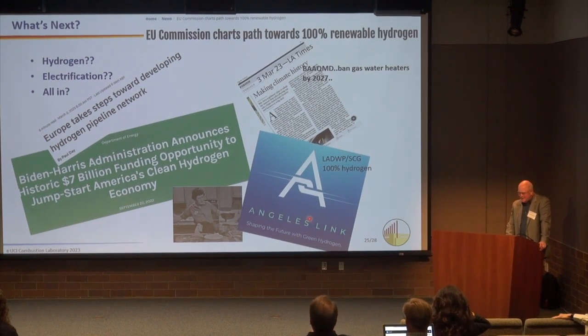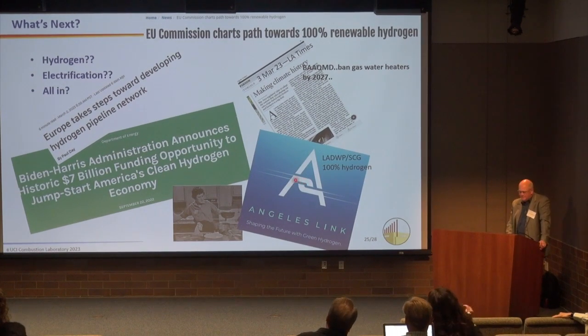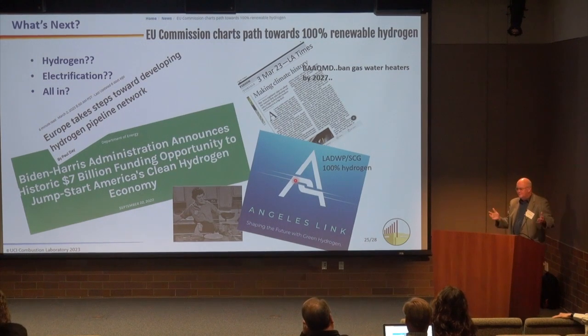Angeles Link, LADWP, SoCal Gas: we're going to have 100% hydrogen coming into the LA region. A lot of it's to decarbonize ports, but there's going to be hydrogen infrastructure in place.